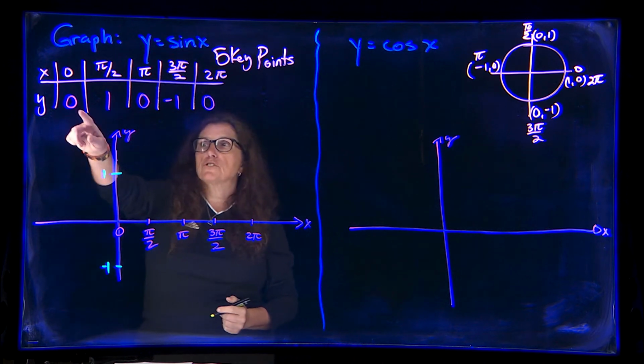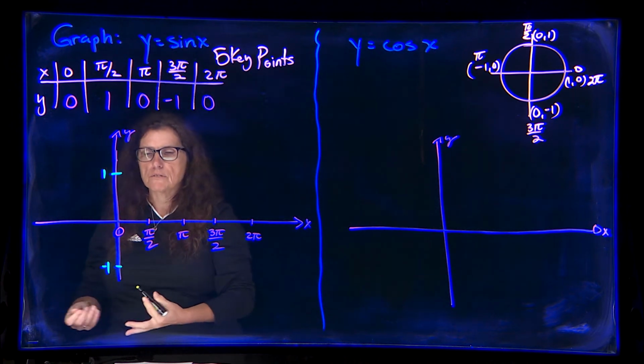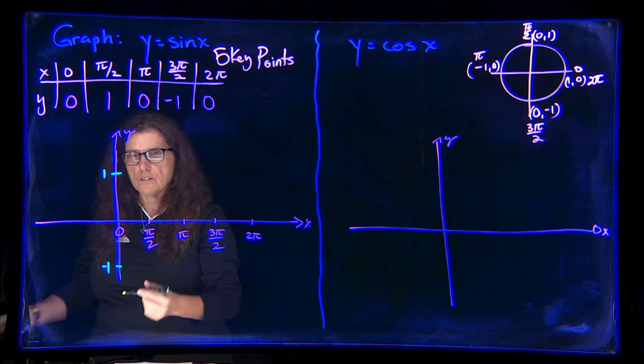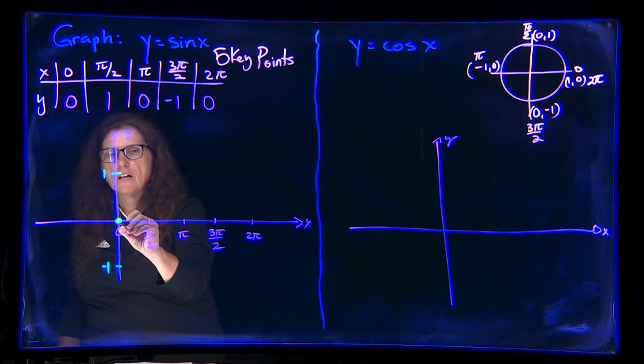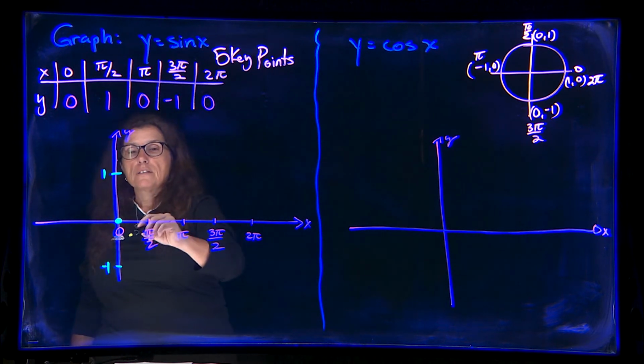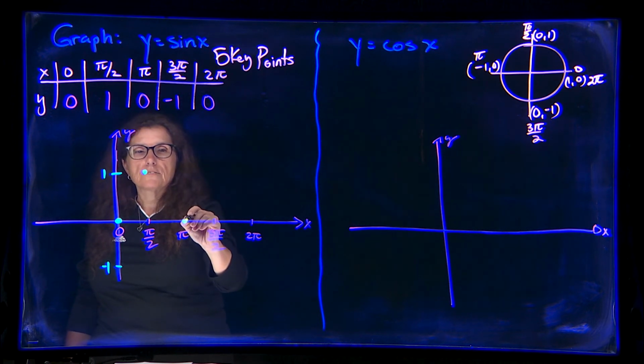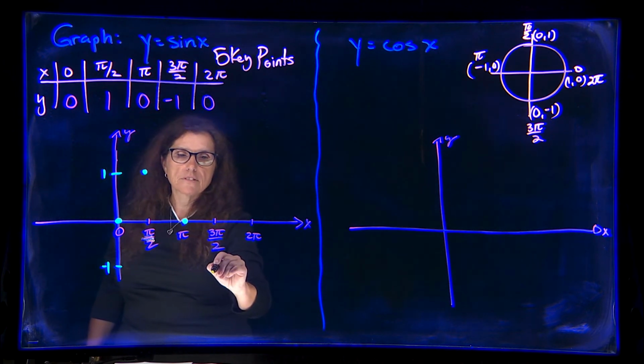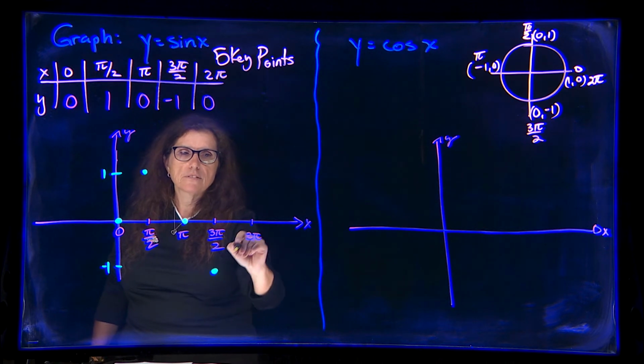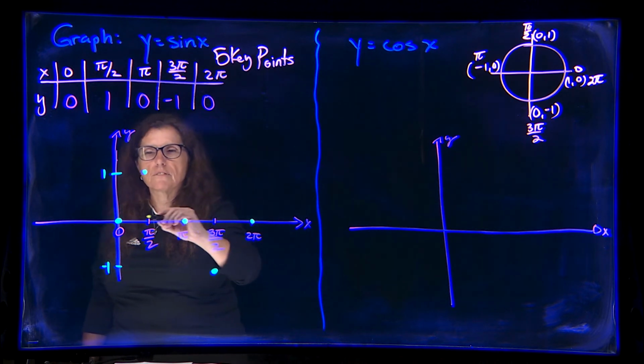And a sine function always starts at the origin. A sine function is an odd function. Remember that? 0, 0, then at pi over 2, we go to 1, then we go back down to 0, then we go further down to -1, and we come back up to 0.